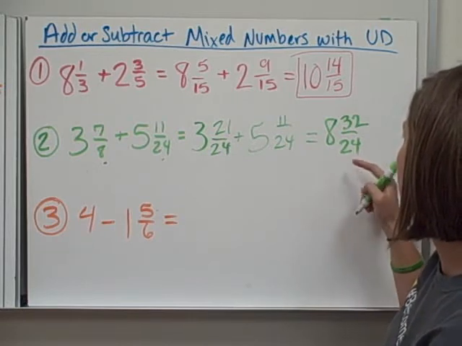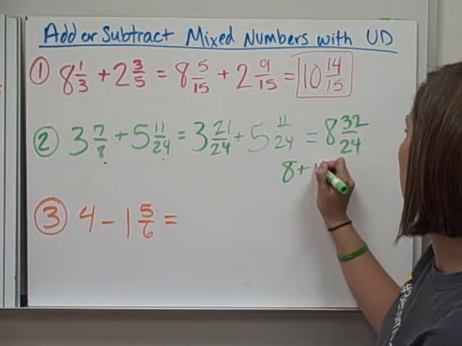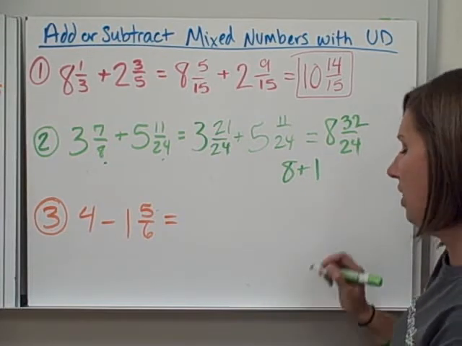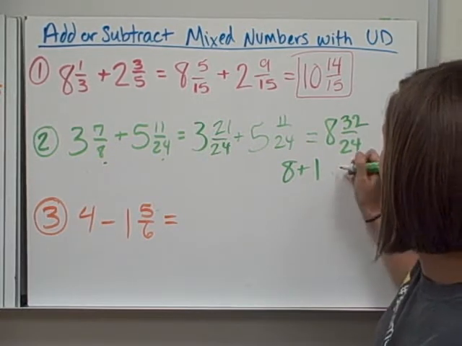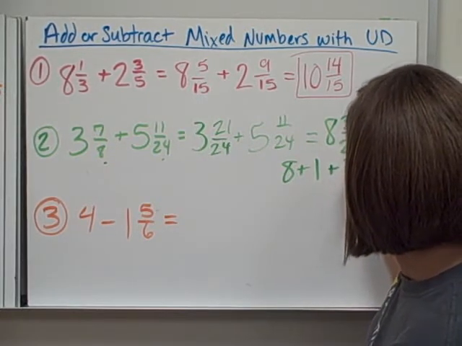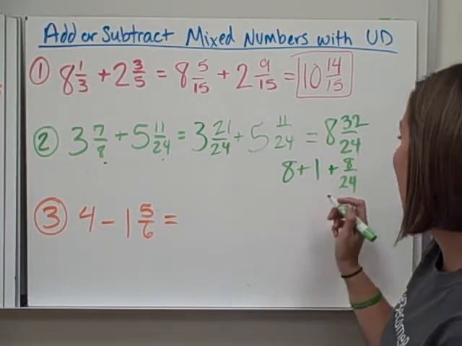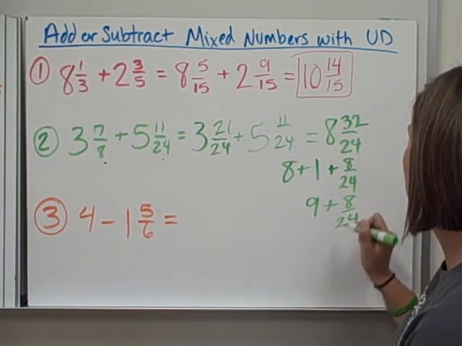So what happens is I pull out a whole number here. So I have a whole 1 to go with my 8. And then I'm left with 8/24ths. So altogether I have 9 and 8/24ths.